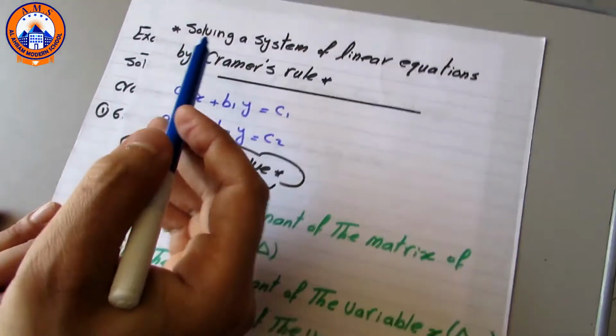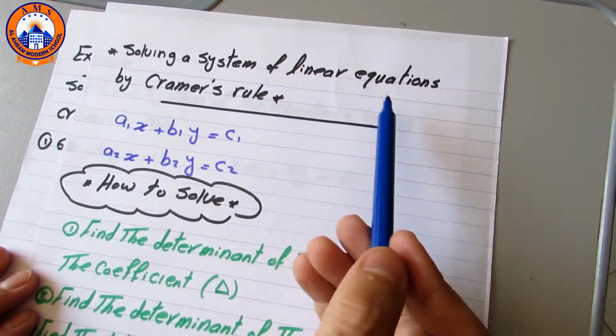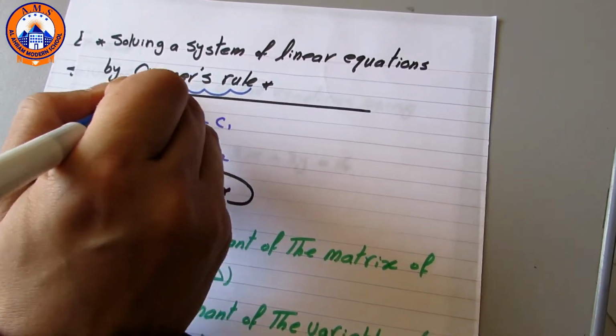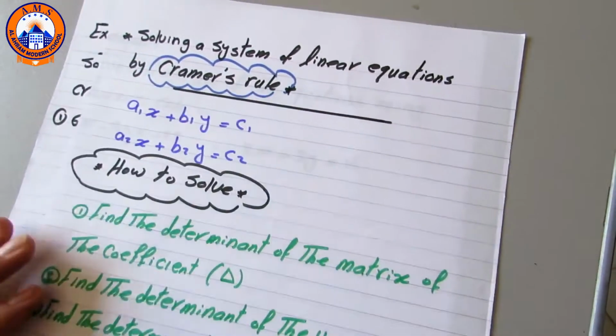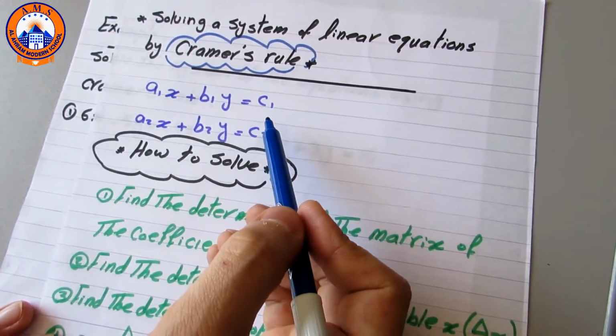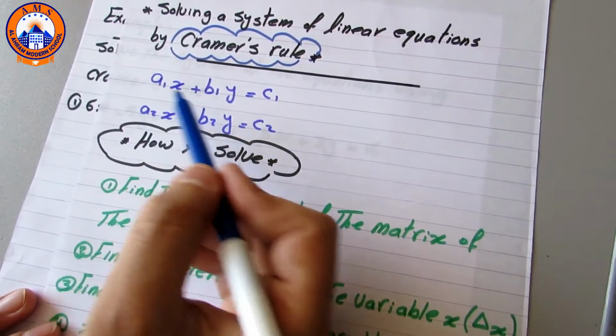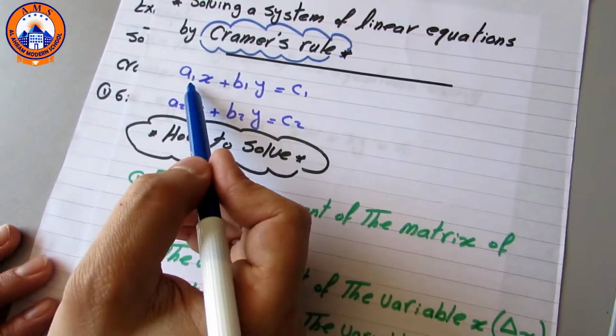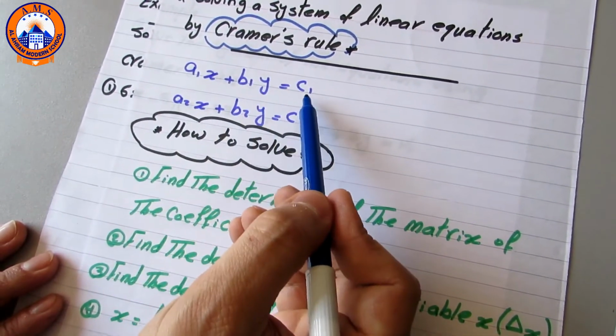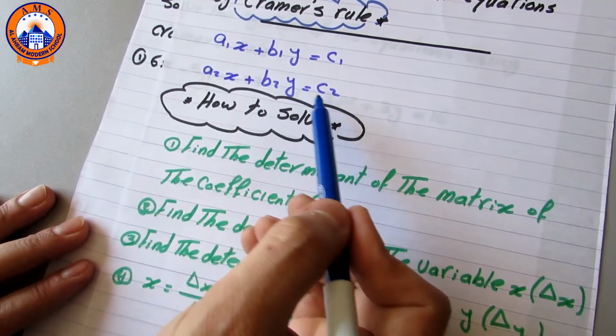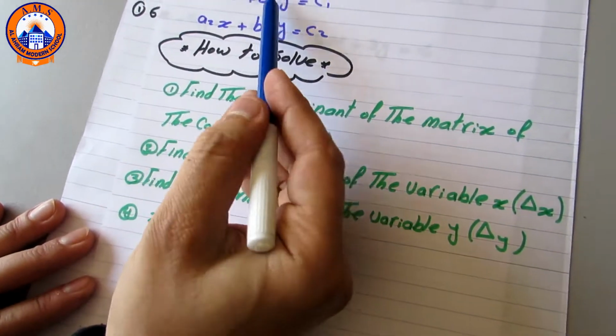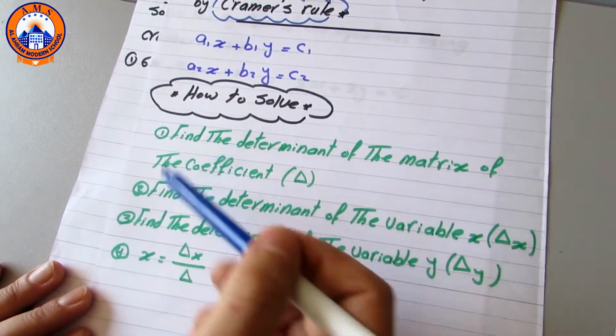The last part in the lesson: solving a system of linear equations by what? By Cramer's rule. If we have two equations of two variables of the first degree, a1x plus b1y equals c1, a2x plus b2y equals c2, how to solve these equations? We have 4 steps.